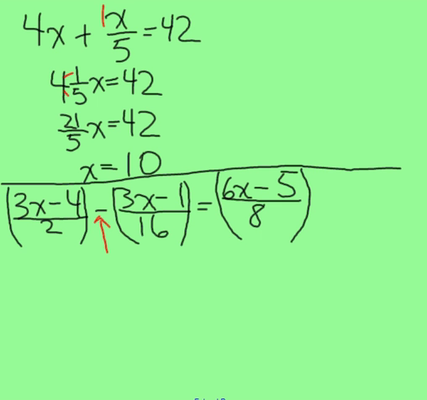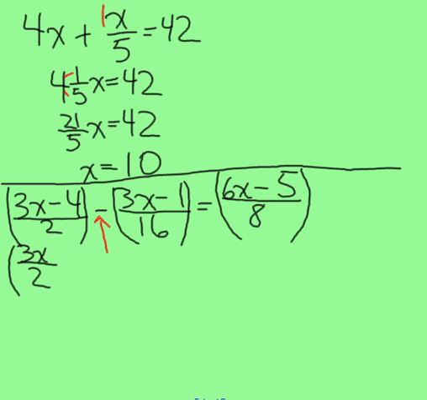So now what we're going to do is split those fractions up. So this is 3x minus 4 over 2, and that 2 gets divided, or goes underneath, each piece on the top.